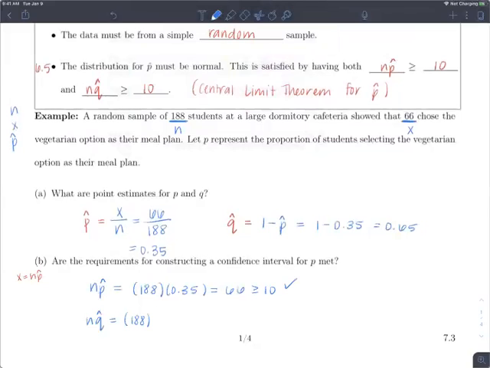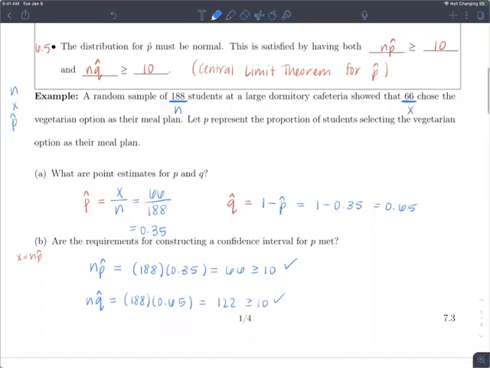And so you're going to have 188 times 0.65, which is going to equal 122, which is greater than or equal to 10. So since these two numbers are both greater than or equal to 10, yes, the requirements are satisfied.